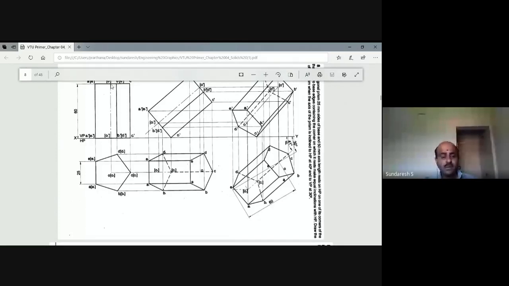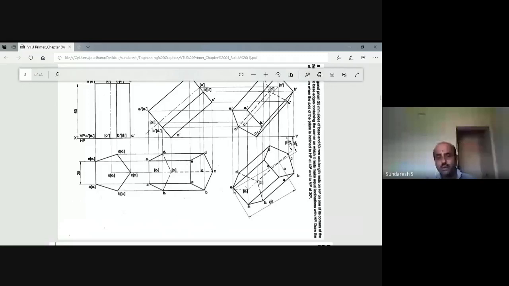So from O, mark O1 of actual length, which is 60 millimeter. Take a compass, set the radius equal to the actual or original length of the axis, which is 60 millimeter, and with O as center, cut the 30 degree line. That point will correspond to the O1 point.